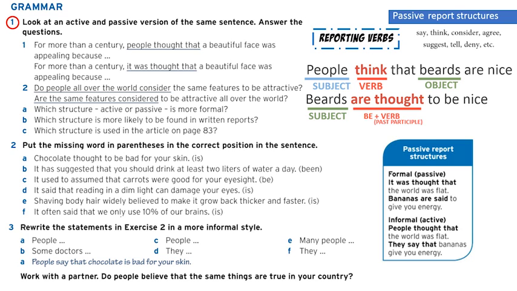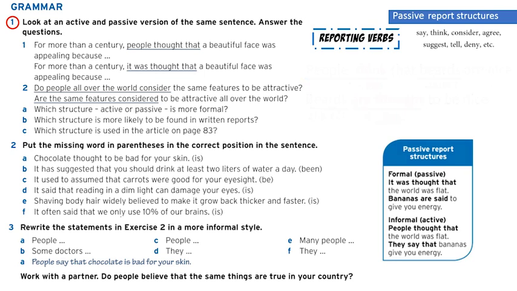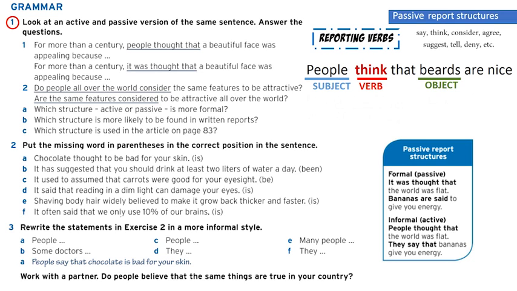Now, pay attention. As you can see here in this little square, we have another example. Bananas are said to give you energy, right? But here we have another different structure for passive report. We have this sentence that says, it was thought that the world was flat. So we can say the same sentence but using this structure instead.